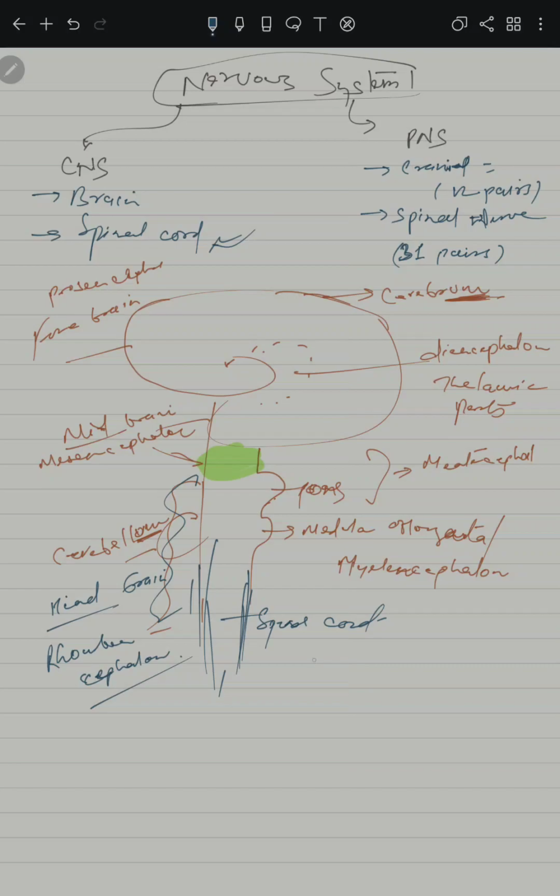It ends at the L1 level, lumbar one. So we saw this rough diagram of the brain and the spinal cord, and now we are going to check the cranial nerves.